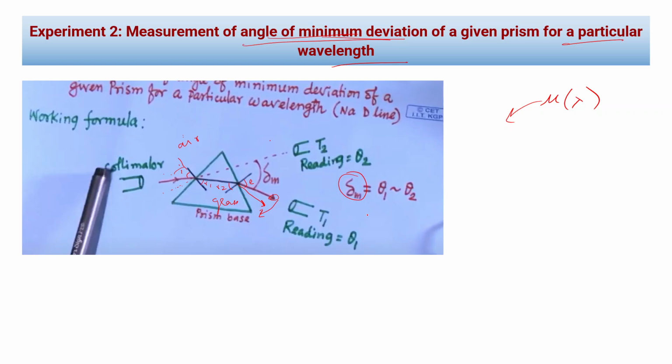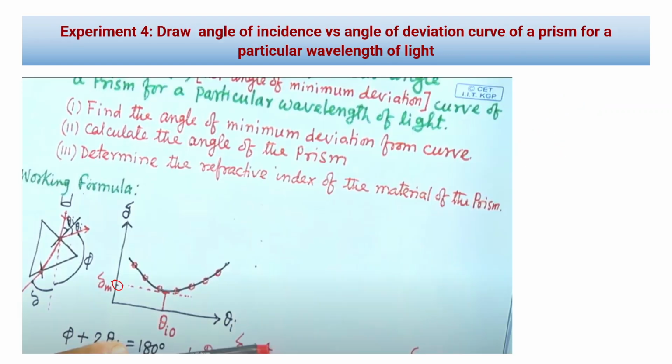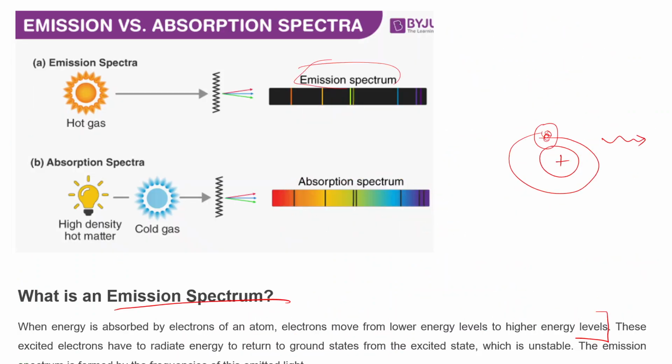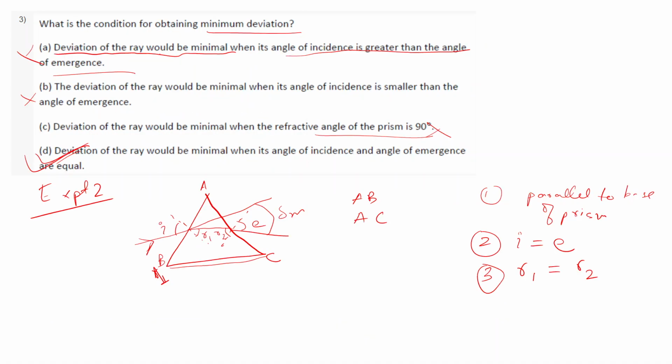On another side, using this telescope or eyepiece, we are trying to see the position of the prism where the deviation is minimum. And at that position, the incidence angle and emergence angle become equal, as I told you now as well. So the correct answer is: deviation of ray would be minimum when angle of incidence and angle of emergence are equal. D is the correct option.